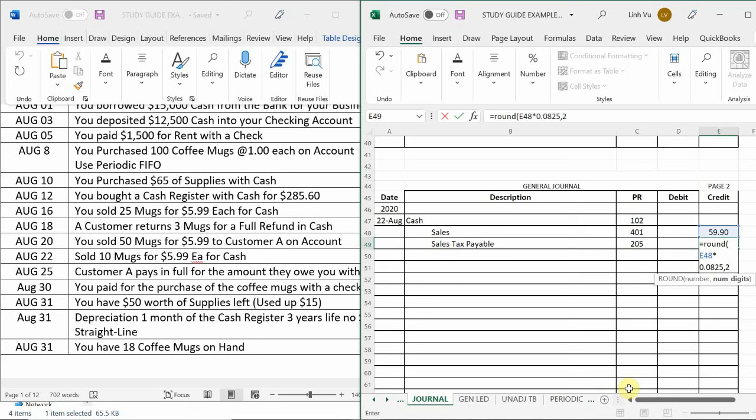So how much tax should I be charging? $4.94. So that means I should be receiving a total of $64.84. And I sold 10 mugs. So was that $64.84 for cash?